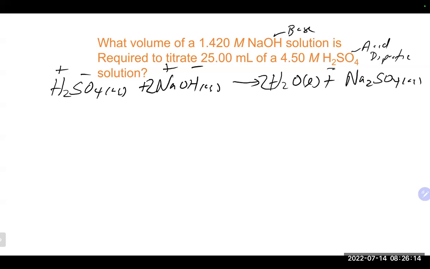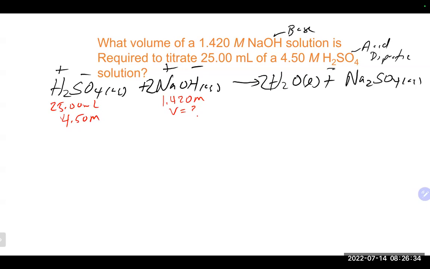got to work with. For the sodium hydroxide, we have 1.420 molar, and we're really looking for a volume here at the end. For our sulfuric acid, we have 25 milliliters, and we are looking at 4.5 molar for that.